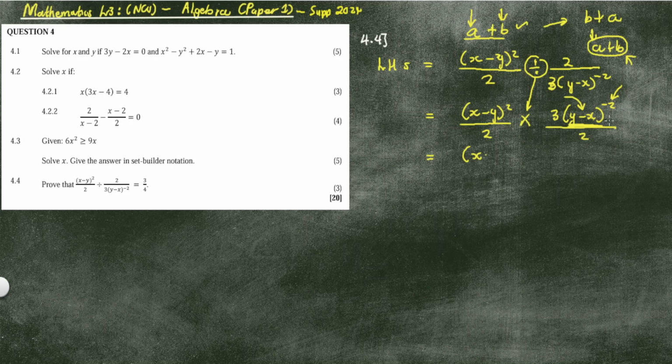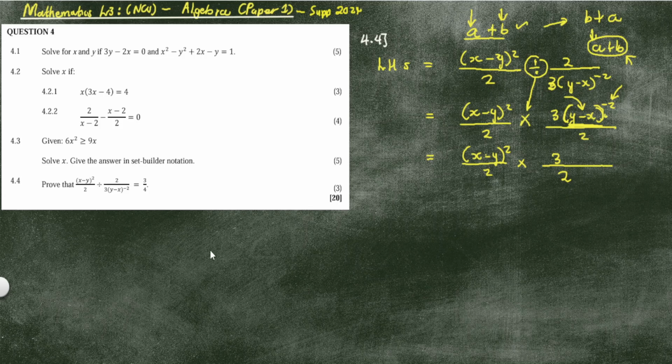But first, before we deal with what's inside the bracket, let's deal with the negative exponent first. Multiplied by 3 over 2. Now, I have an expression with a negative exponent. In order to get this to be a positive exponent, I would do this.